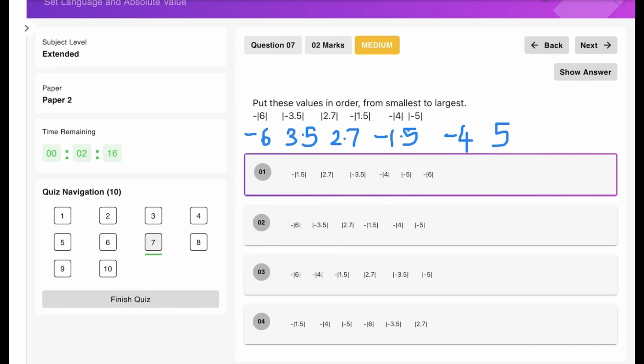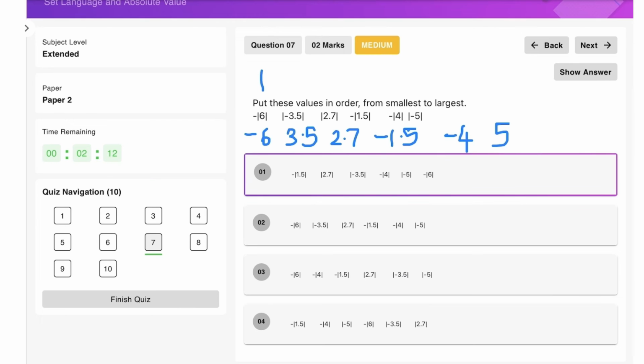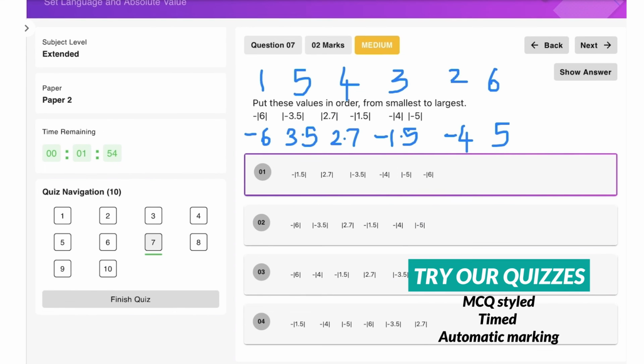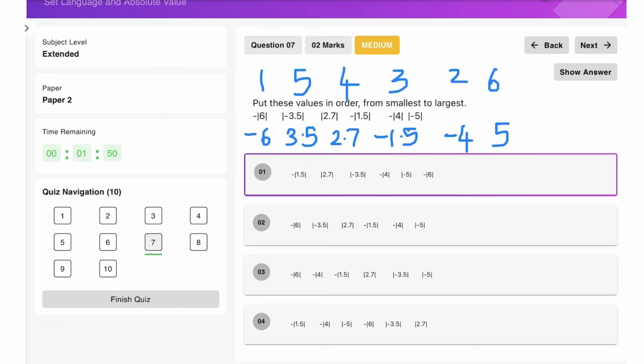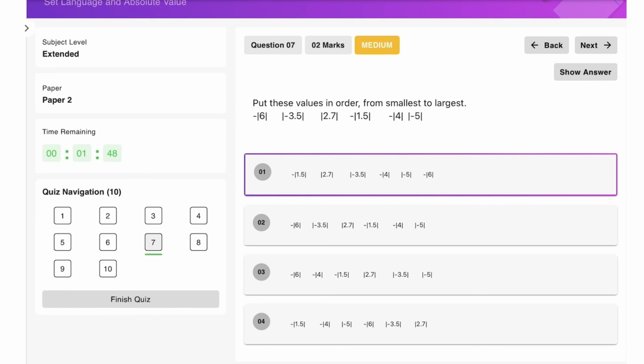So putting these in order, we can see that negative 6 is the smallest, right? So that's number 1. The next would be the 4, then the negative 1.5, and then 2.7, 3.5, and 5 going last. So if we see which of these we have to go for in order for this to be true, it has to be option number 3.